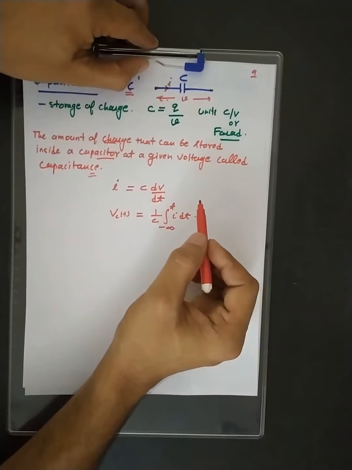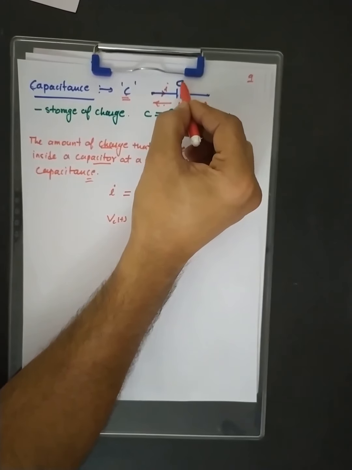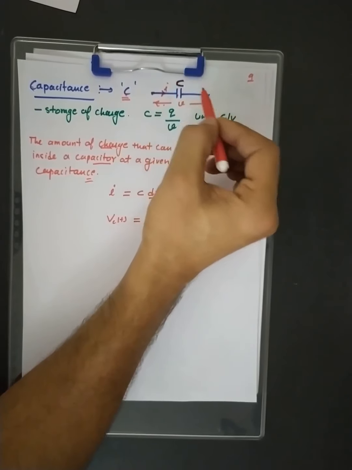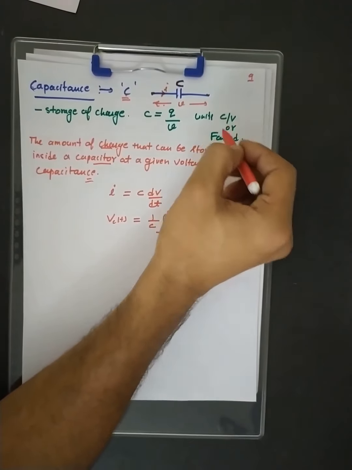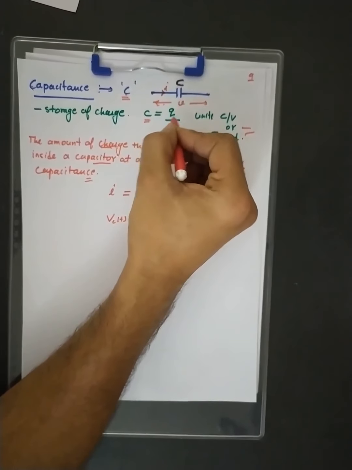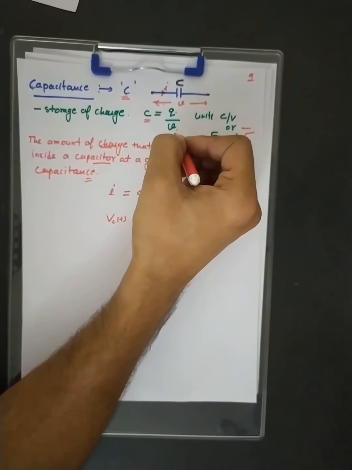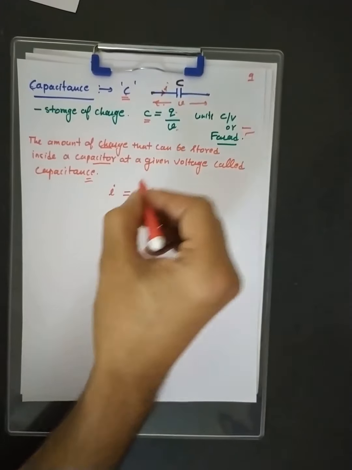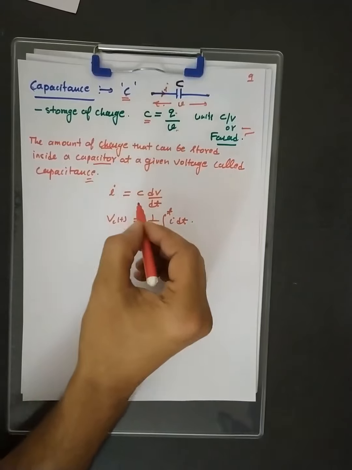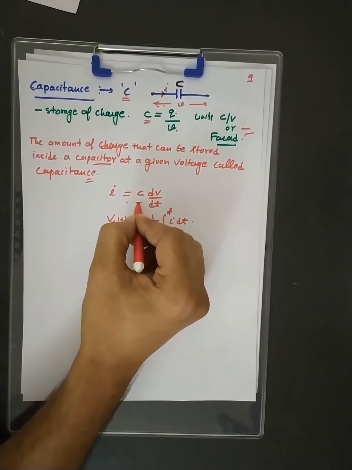It is represented like this with parallel plates, and in the circuit we represent it as C, and the unit of capacitance is farad. Already you know very well that C is equal to charge divided by voltage. And the current across a capacitor is equal to C dV/dt.